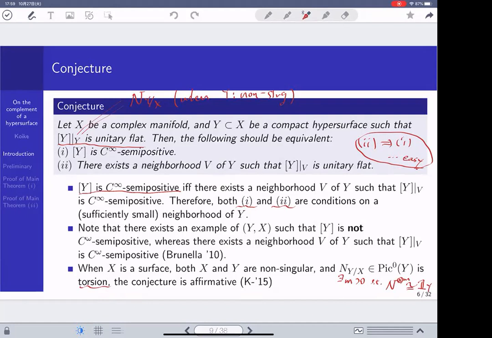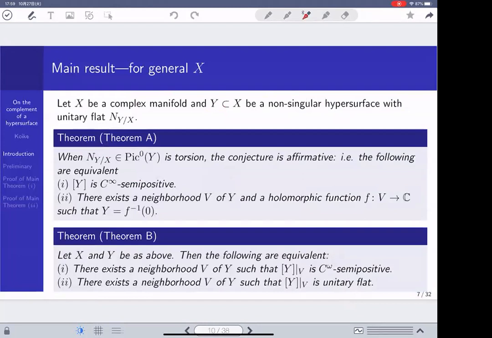It is shown in my thesis, and it is one of the motivations for this conjecture, or supporting evidence in some sense. Okay, so let me explain what the main result in this talk is.